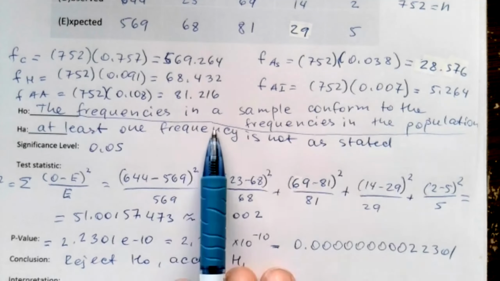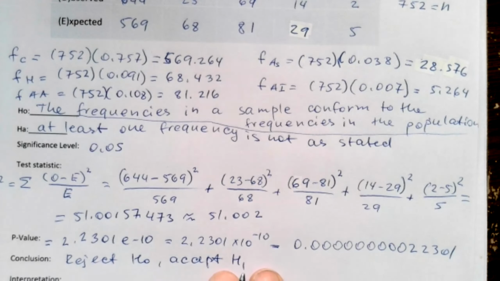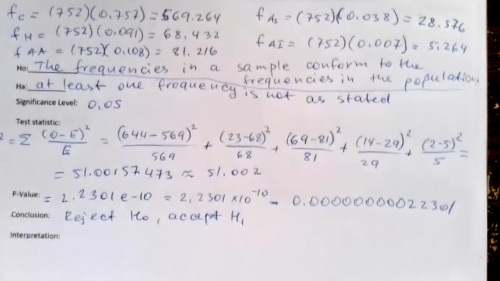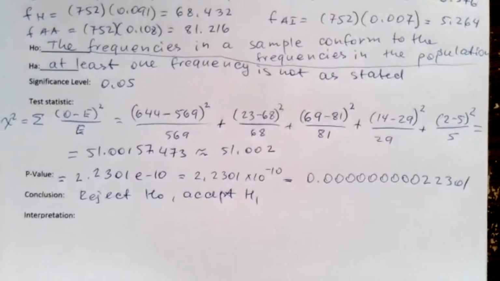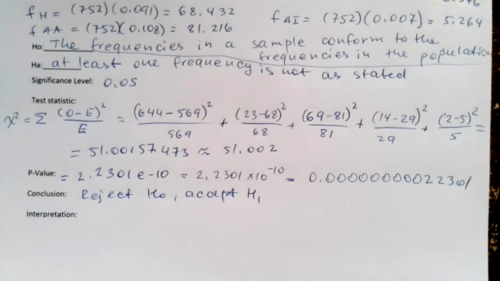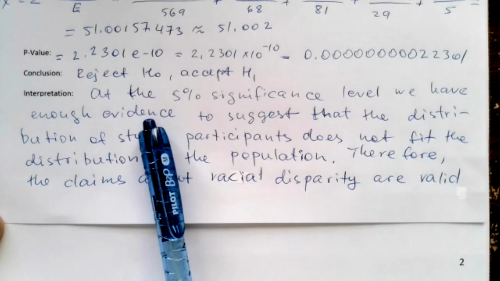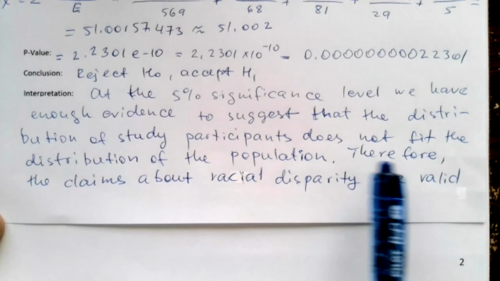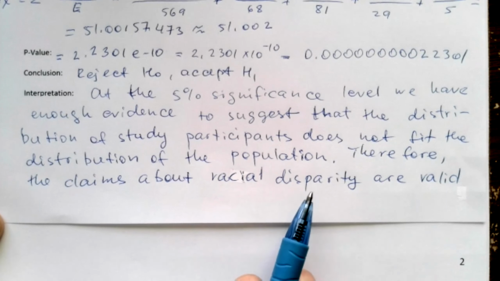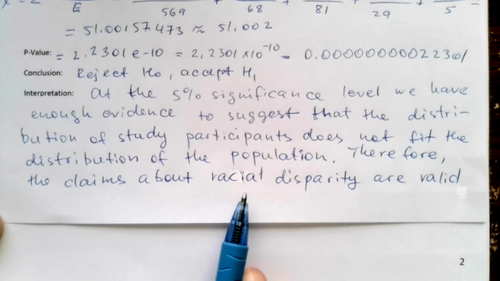So that would mean that the frequencies in the sample are different, right? So what would you say? Is there a racial disparity or discrimination going on here? What's your conclusion? We have enough evidence to suggest that the distribution of study participants does not fit the distribution of the population, and therefore the claims about racial disparity are valid.